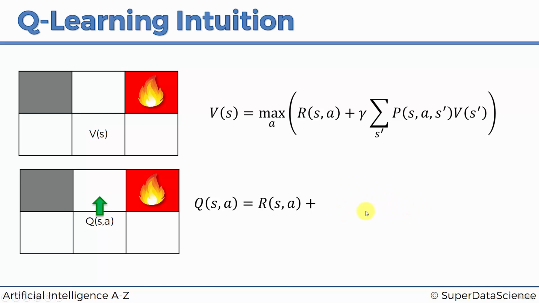But because he can end up in many different states, in 3 of the possible different states, we have to look at the expected value of the state that he'll be in. And so we're going to add that in. We're going to add, of course, the discount factor as we previously had, because that is somewhere in the future. And then we're going to add the sum across all possible states that he could end up in by taking this action times the probability.